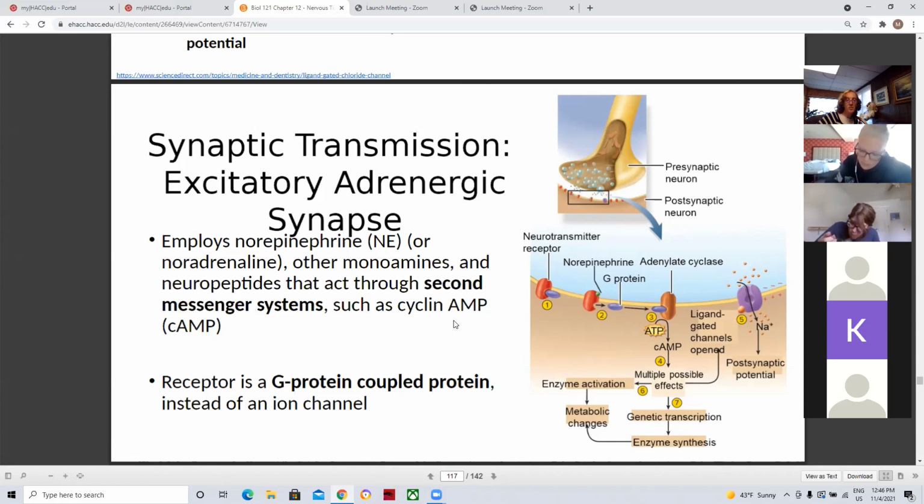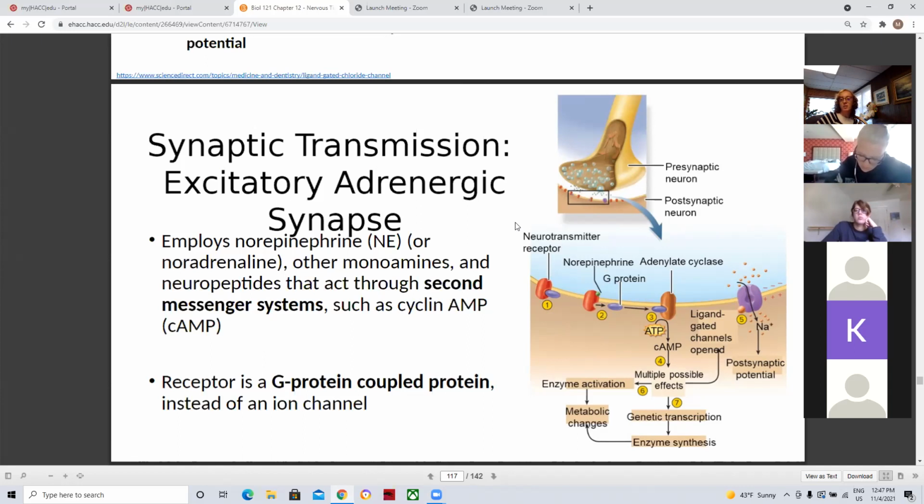If you remember, we talked about cyclic AMP at the very end of chapter 2, because it's involved in second messenger systems. So it's involved in activating signaling cascades. The receptor that binds to norepinephrine or monoamines or neuropeptides is a G protein coupled receptor instead of an ionized channel.